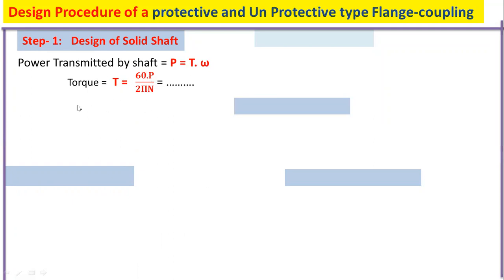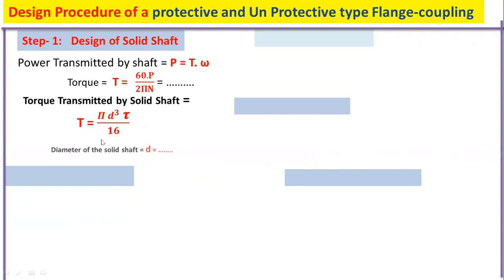After getting the mean torque, you have to use the formula for torque transmitted by the solid shaft: torque equals pi d cube by 16 into tau. From this equation, you can get the value of diameter of the solid shaft. So in the first step, you have to determine the suitable size of a solid shaft.